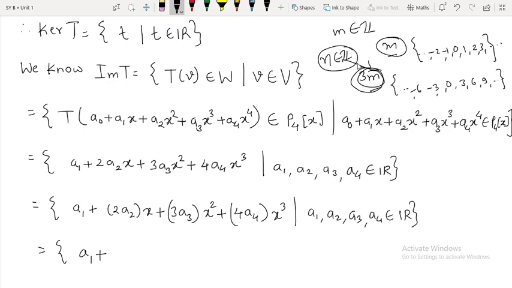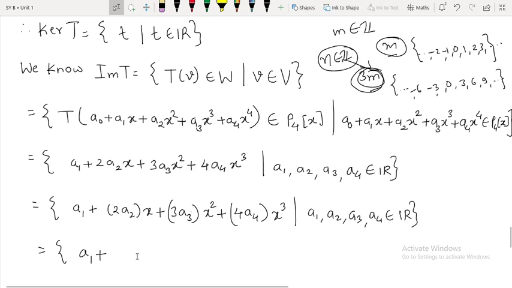Okay, try to understand. But is it possible here? Because see, this a2 is a real number, and this twice a2 is also a real number, so it is not going to change anything. I hope you are getting my point, what I am trying to tell you. Okay, remember that this is not true in case of integers.